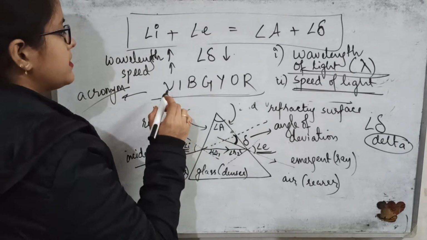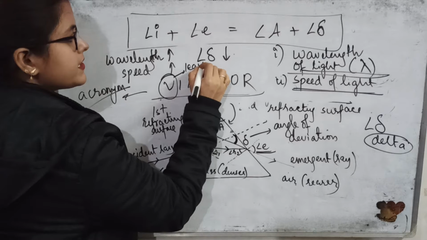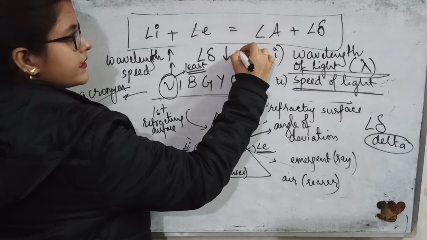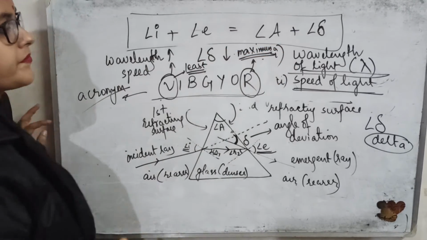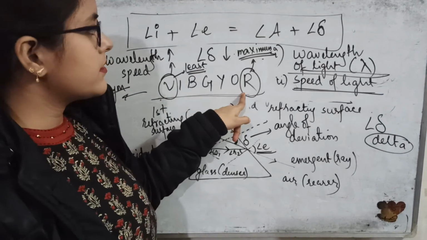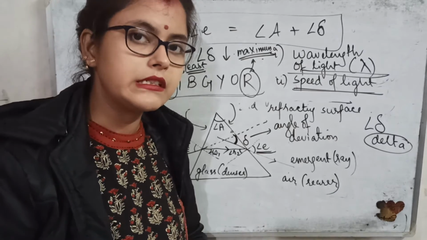Now, out of this, violet has the least wavelength, red has the maximum wavelength, right? And all the colors have different wavelengths and they travel at different speeds.